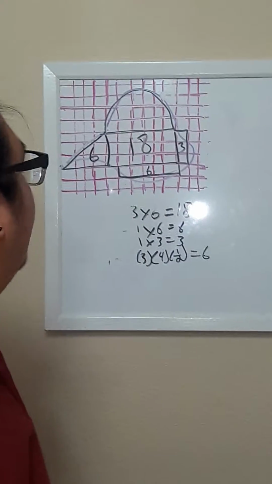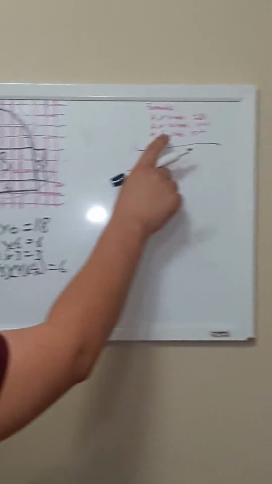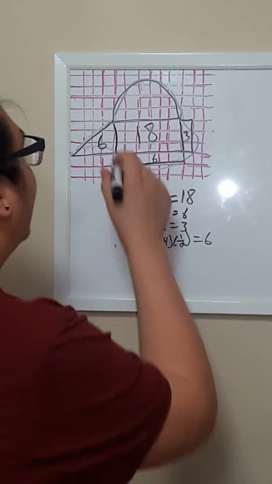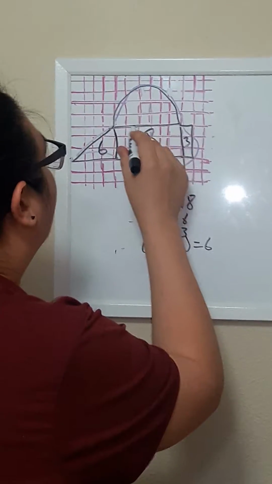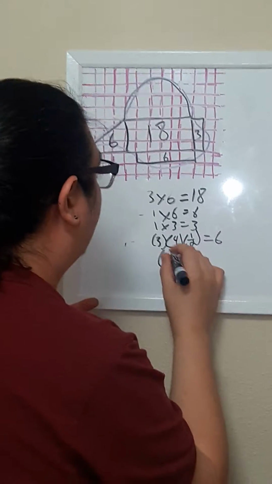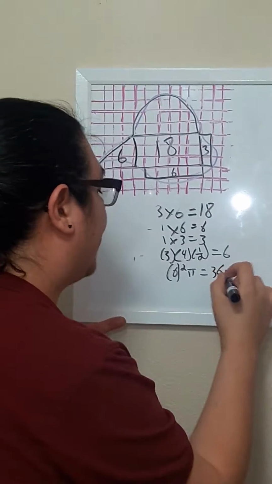So that's 6. And then our half circle here, we know that the area of a circle is going to be pi times the radius squared. So the radius is going to be 1, 2, 3, 4, 5, 6. 6 squared times pi. So that's 36 pi.